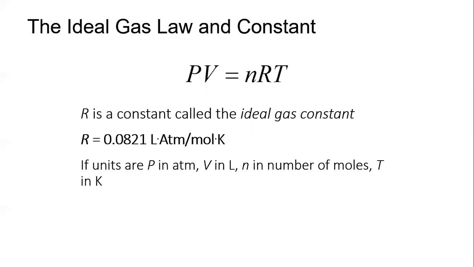So again, R is the gas constant, 0.0821. The units, liter atmosphere per mole Kelvin. That's why we have to have the pressure, temperature, volume, and moles or amount in these particular units. Very important.